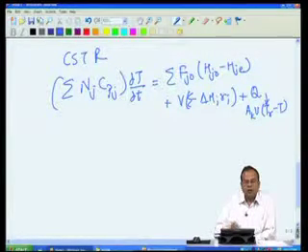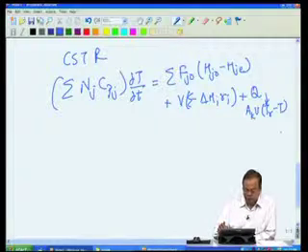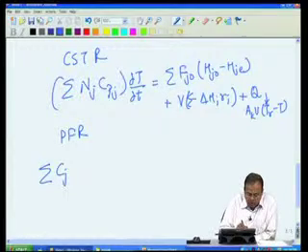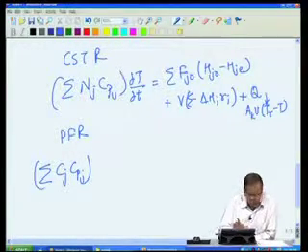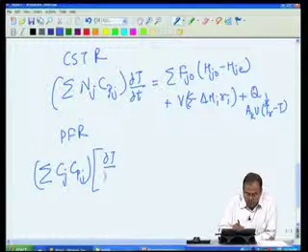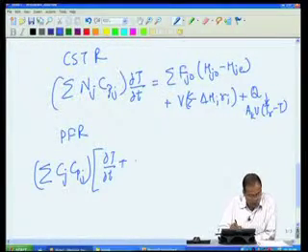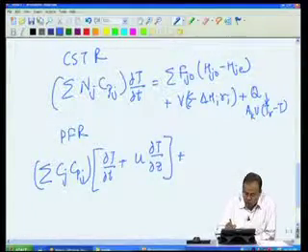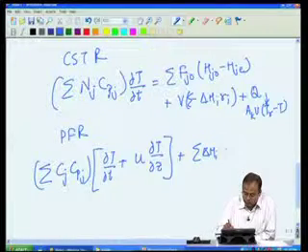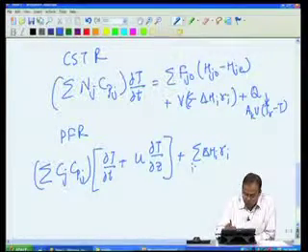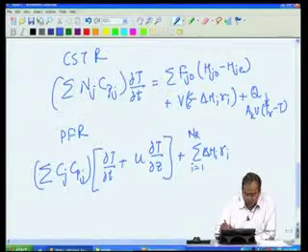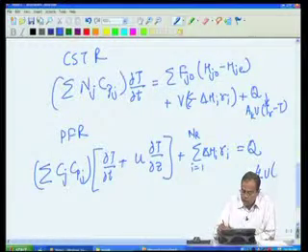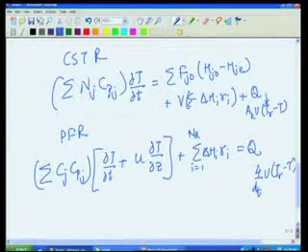So, this is my energy balance for my stirred tank reactor, and for my plug flow reactor my energy balance is summation Cj Cpj into dT/dt, the accumulation term, plus the convective transport term, plus the reaction term, equal to Q, where Q here is 4U/D into (Tr minus T).